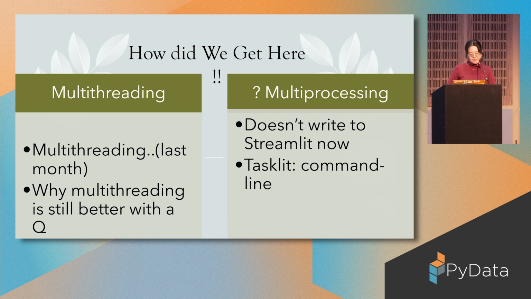We will show that multiprocessing with Streamlit right now is not available, because the whole point of Streamlit is you interact with the UI, but anything returned from the multiprocessing library cannot write to the Streamlit UI. So that's a pity. But there's a very well-created library called Tasklet right now. It's using the subprocess library, a built-in library in Python, but it only works with command line requests.